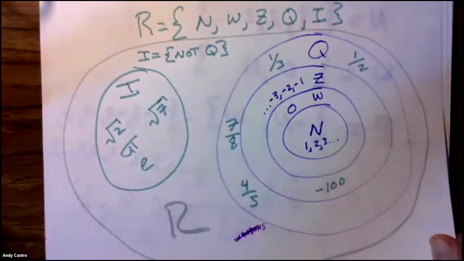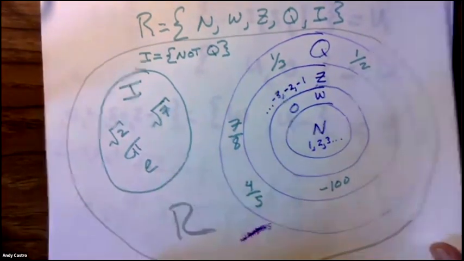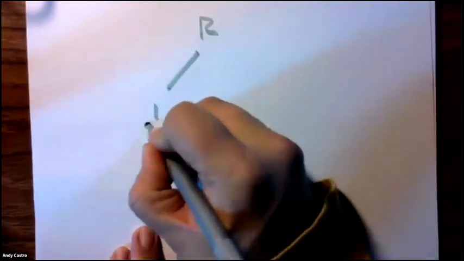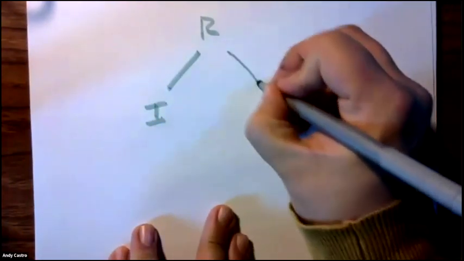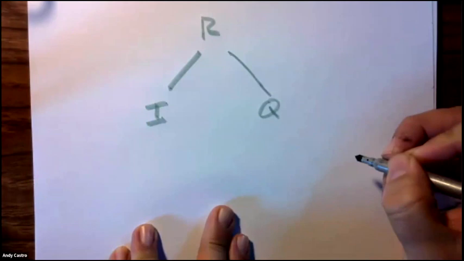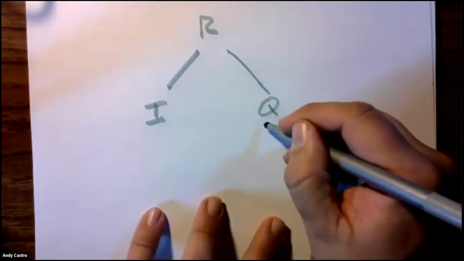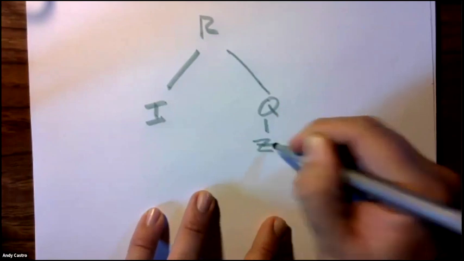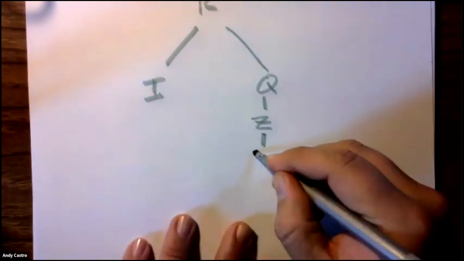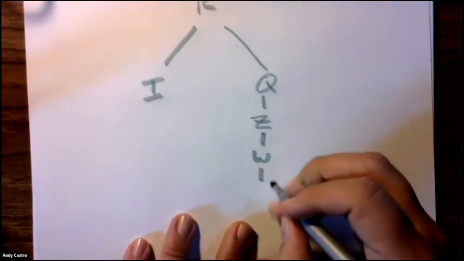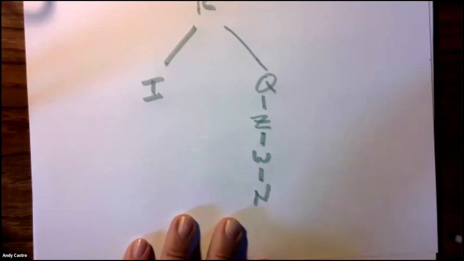There's another one, and let me know if you need me to put that back up, I'm going to switch pages. Another really helpful diagram is you start up here with real, and real are composed of irrational and rational, and under rational, there are integer, and under integer are whole, and under whole are natural.